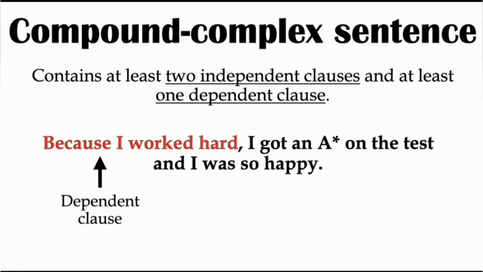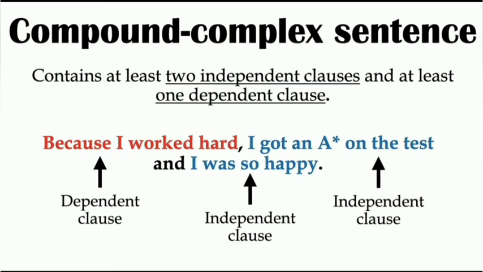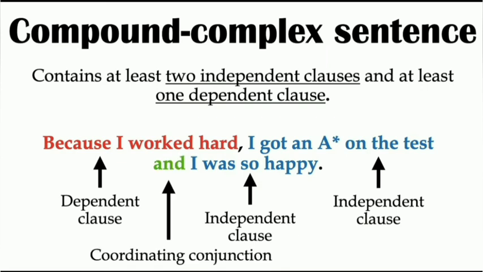Because I worked hard is the dependent clause. It does not make sense on its own. I got an A star on the test and I was so happy are examples of independent clauses. They are sentences that could stand alone. The two are joined together by a coordinating conjunction. This forms a compound complex sentence.